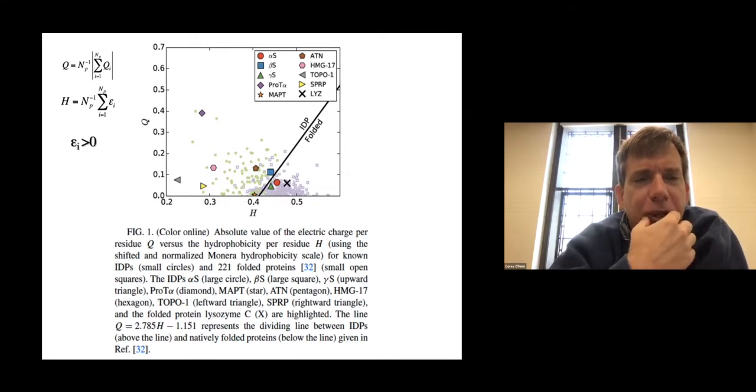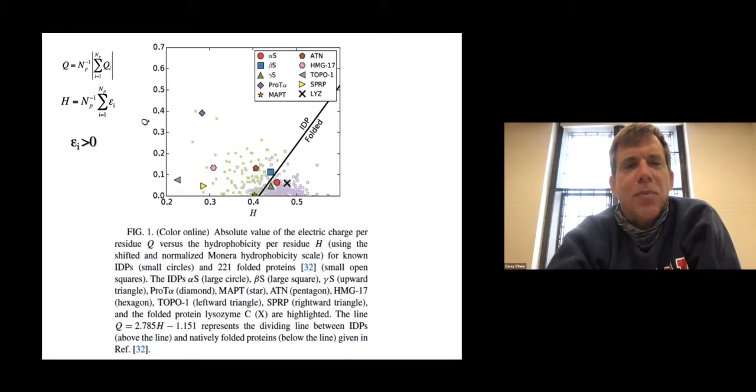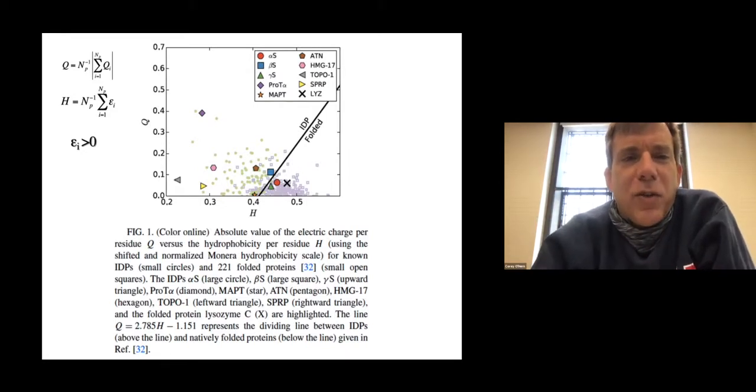And then hydrophobicity, we're going to talk about it more in a couple of slides, but the way I'm thinking about it is a number between 0 and 1, where 0 is very hydrophilic, so non-hydrophobic, and 1 is very hydrophobic.